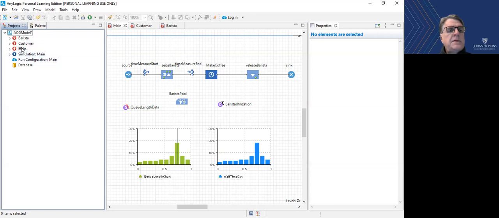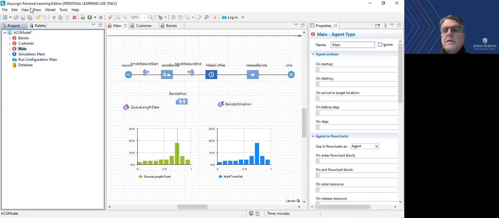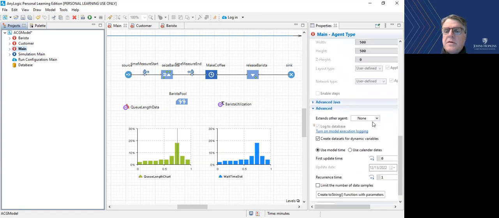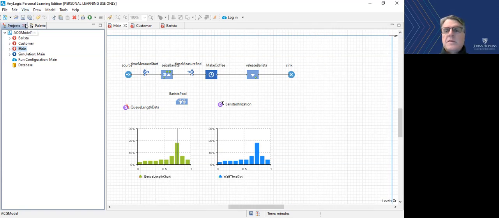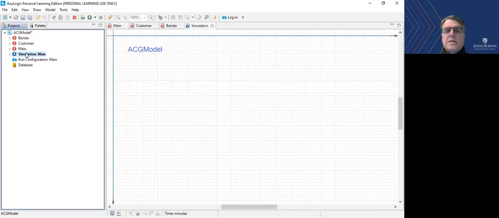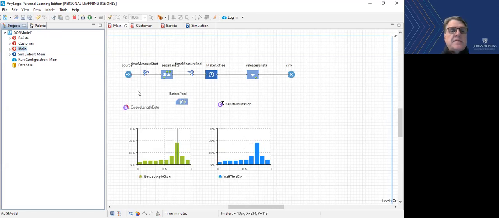I believe it's under main. And then is there properties here somewhere? View properties. It's under one of these. Anyway, let's get to that at a later time. I want to just go ahead and run this model.